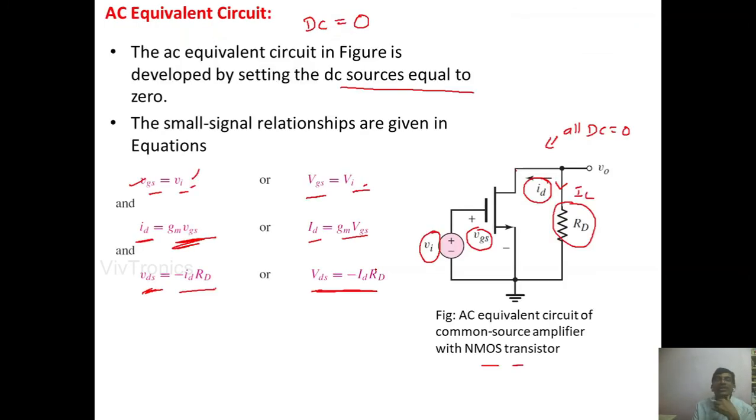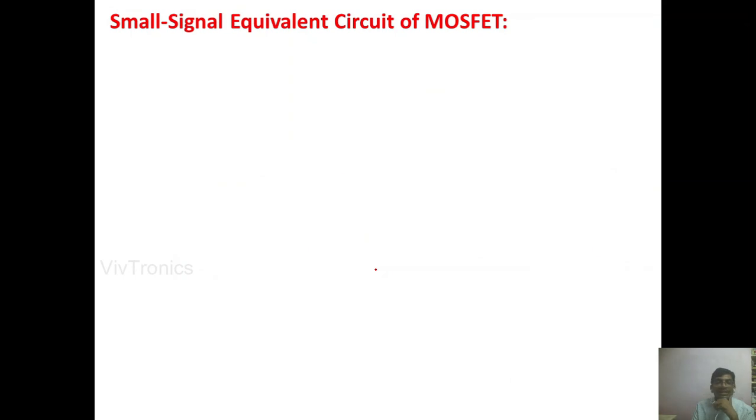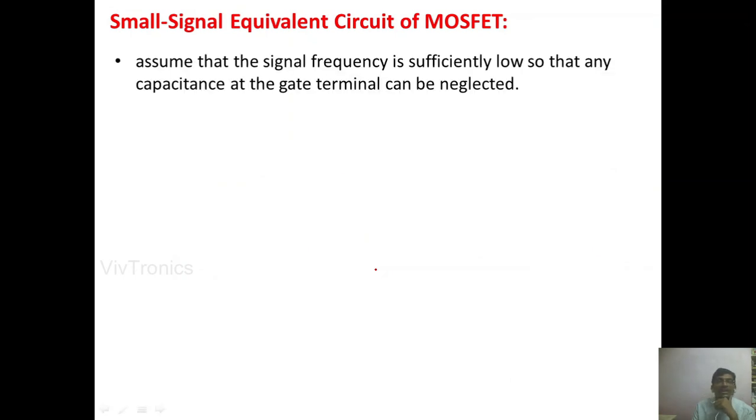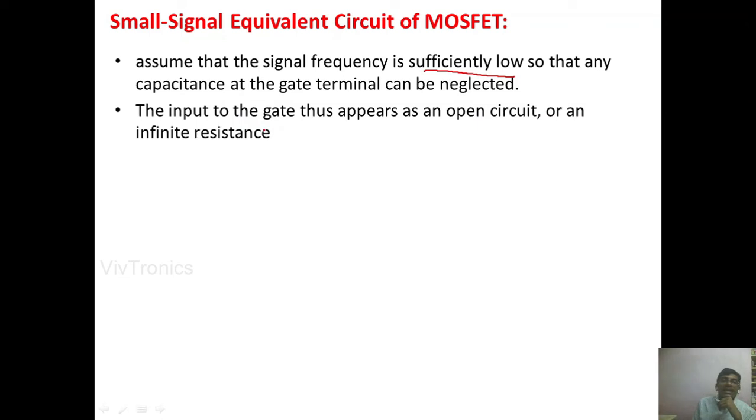Okay, so let us see the small signal equivalent circuit of the MOSFET. From this AC equivalent circuit we are going to draw the small signal equivalent circuit of the MOSFET. Assume that the signal frequency is sufficiently low so that any capacitance at the gate terminal can be neglected. So the input to the gate thus appears as an open circuit or an infinite resistance.